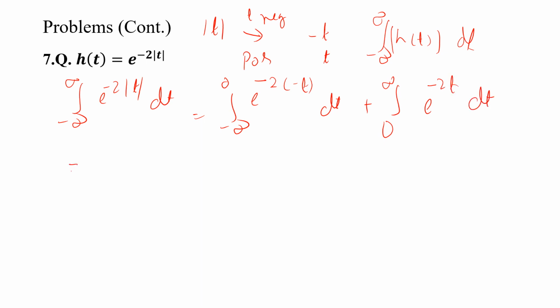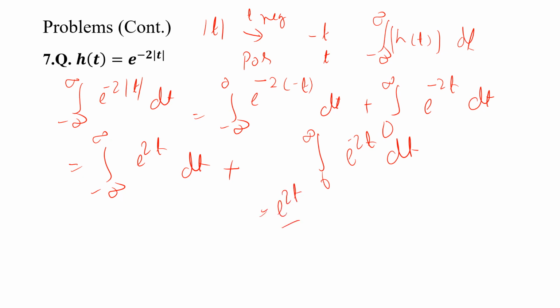So it will be the integration from minus infinity to 0 of e to the 2t dt, plus the integration from 0 to infinity of e to the minus 2t dt. The integration of e to the 2t is e to the 2t by 2, from minus infinity to 0, plus e to the minus 2t by minus 2, from 0 to infinity.